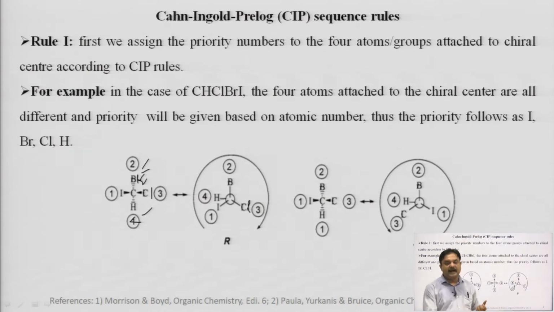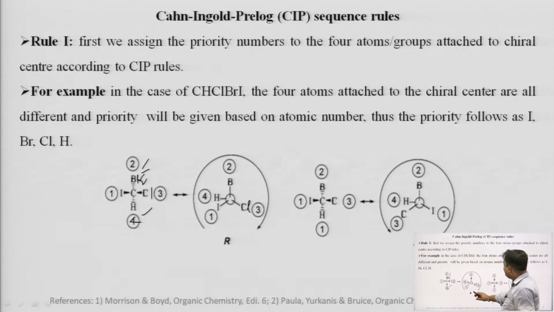So, after assigning the priorities, what we have to do is keep the group of lowest priority away from the observer, away from our eyes, and observe in which direction our eye rotates when we go from the group of highest priority to the group of lowest priority, that is third. We are not supposed to take into account the group of lowest priority, that is hydrogen.